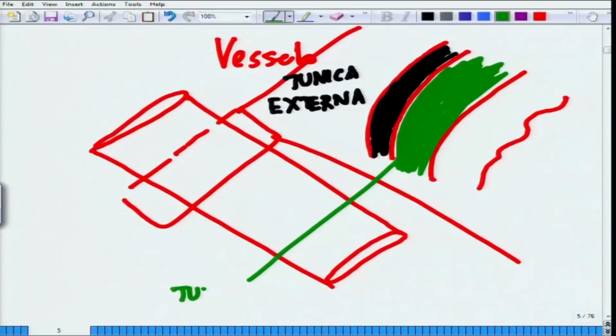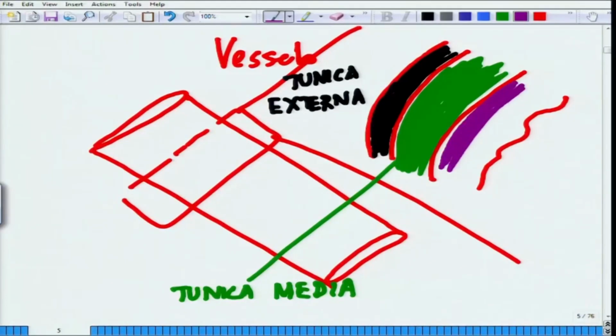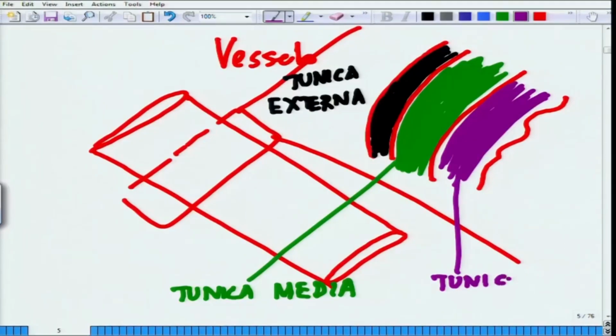This is called tunica media. And then there is the third layer, which I am putting in magenta. This layer is called tunica interna. So these are the three fundamental layers.